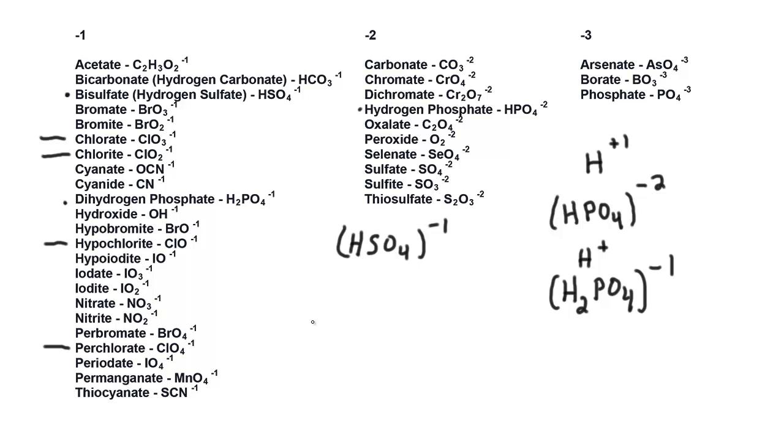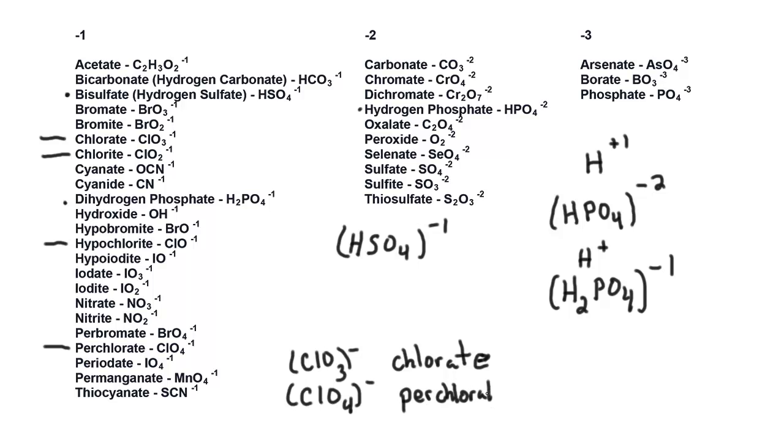So we have ClO3 has a -1 charge, and it's called chlorate. Now, if I add one more oxygen, ClO4, notice that I get perchlorate, adding one more oxygen.